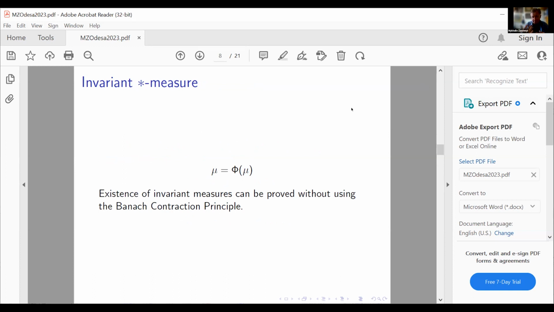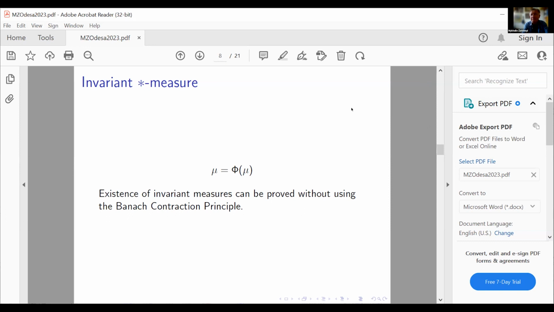This definition of invariant measure is absolutely analogous to the definition of invariant measure due to Hutchinson in his famous paper about fractals, which was published in the Indiana Mathematical Journal.